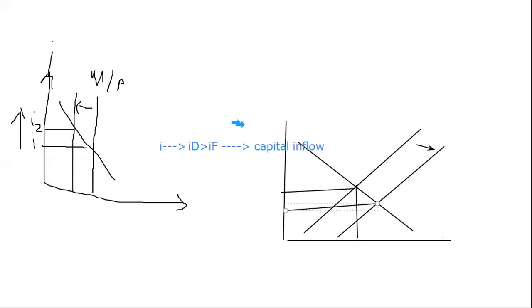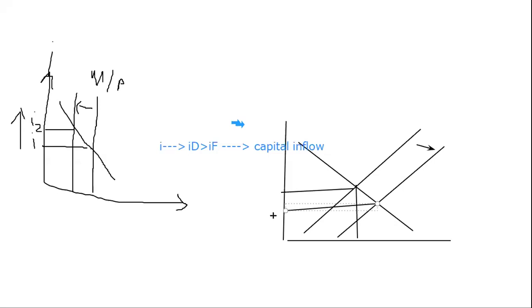Previously for $1 we had to pay 180 rupees. Now, because of the capital inflow, for $1 we have to pay only, let's suppose, 160 rupees. That means the domestic currency appreciated, right? Now we have a stronger domestic currency.